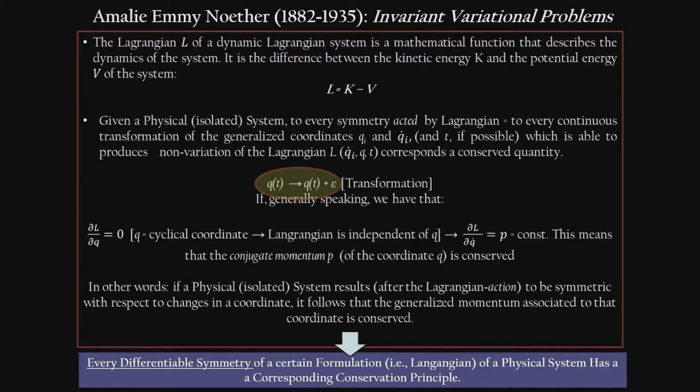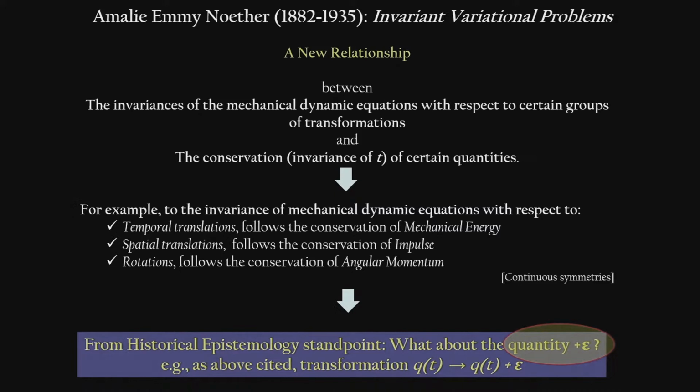So from the mathematical point of view, we know very well what epsilon is, etc. But if we go back in the intellectual history of science, we can see that from an epistemological point of view too, because it's an interpretation, if you like, we try to give an interpretation of this idea. I'm not saying that she used this idea. This is an epistemological interpretation based on the facts, so historical epistemology of science.